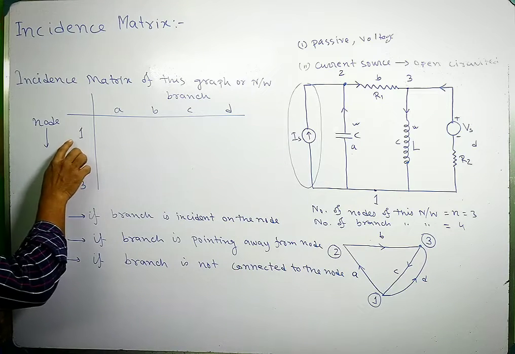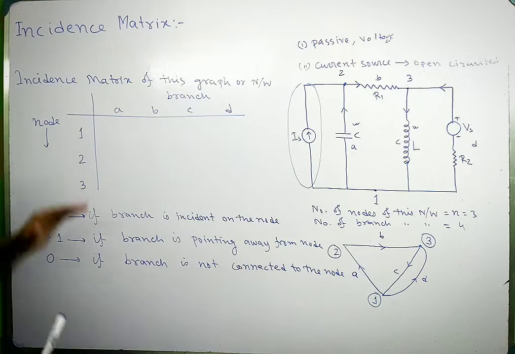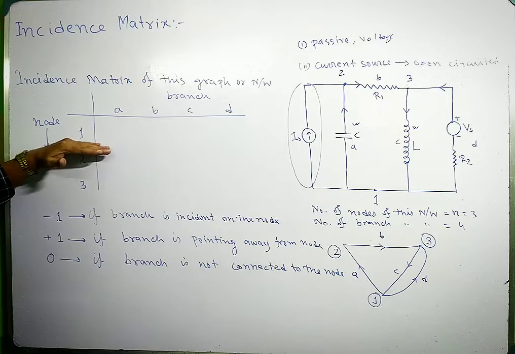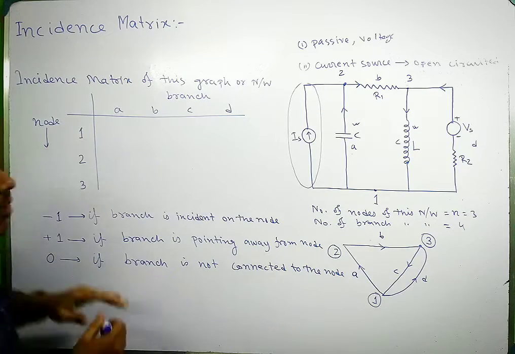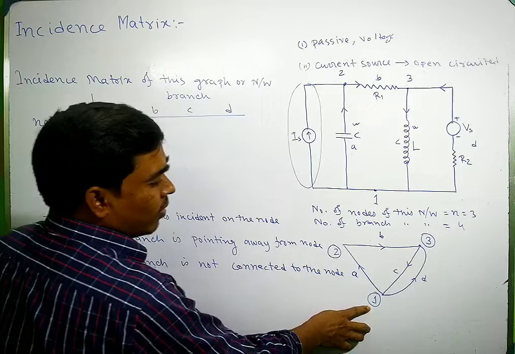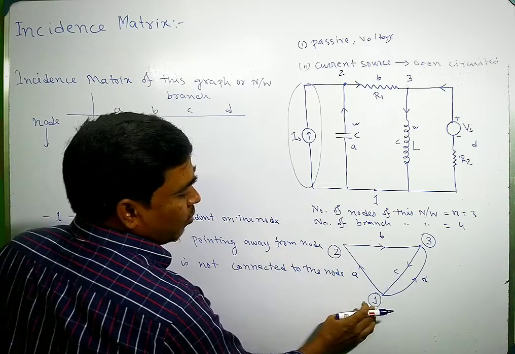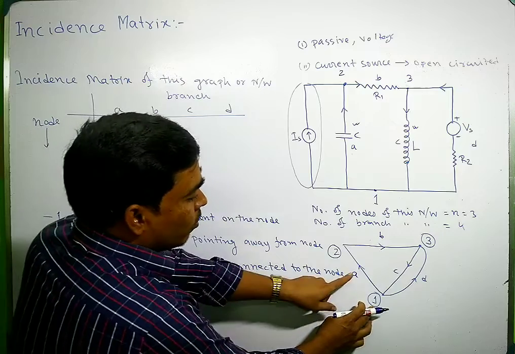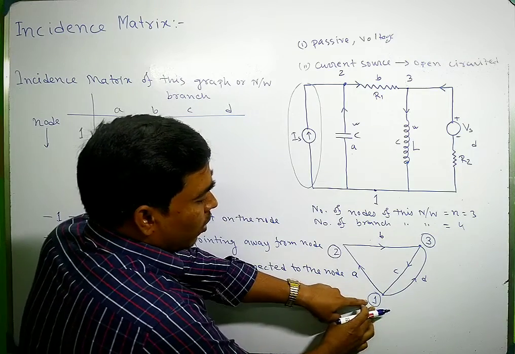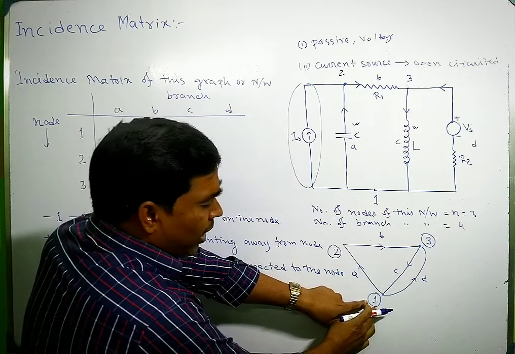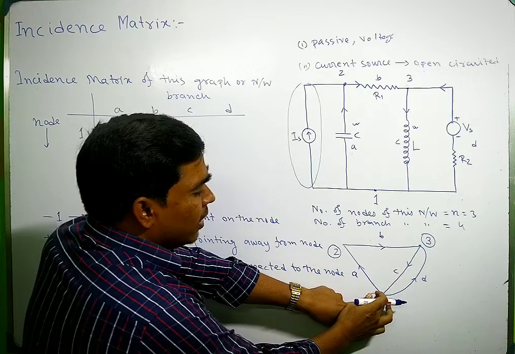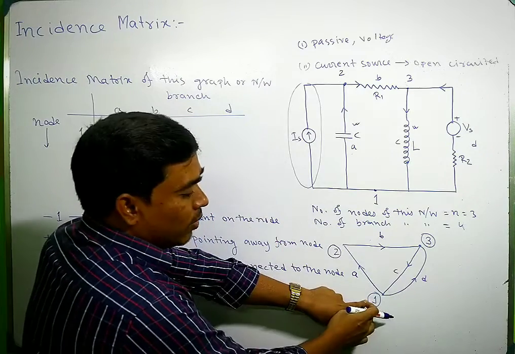So first, we will see node number 1. This is node 1. 3 branches are connected to this node. So this is branch A. From this node 1, this branch is pointing away from this node 1.